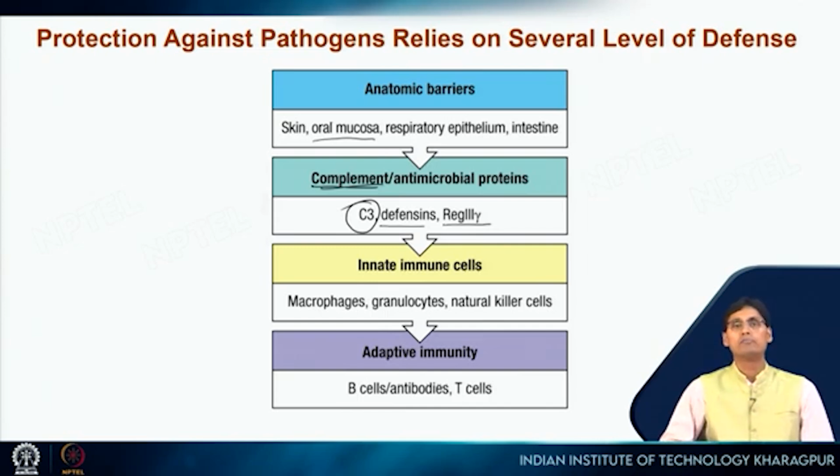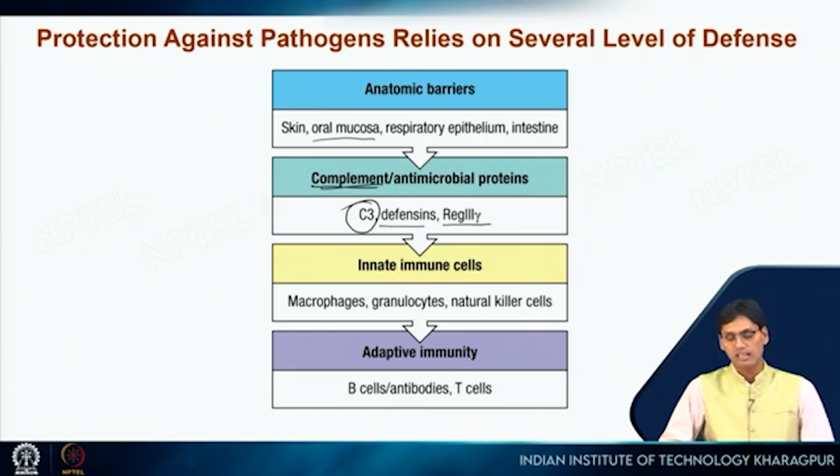All those are very important in the response against some infection, some pathogen. And after that, we have different types of innate immune cells. Those are mostly phagocytic cells, for example macrophages, as I already mentioned, and also some granulocytes and natural killer cells, which are also part of our innate immune system.